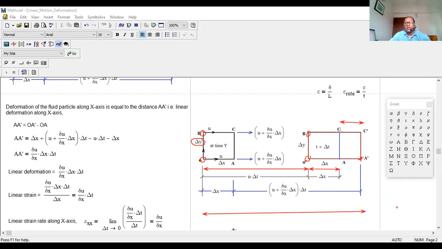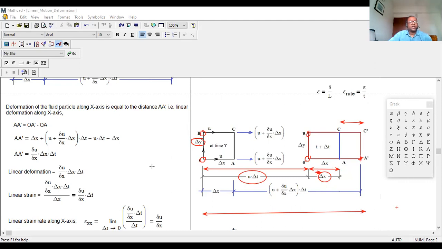If I make one more line, line CA is an imaginary line that we are taking. This is delta x, this is delta x. So the distance from here to OA is u times t plus delta x. So from the bottom distance, you subtract this value and this value, and you will get this one.